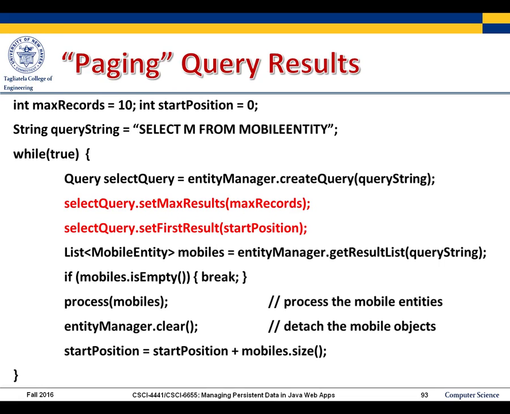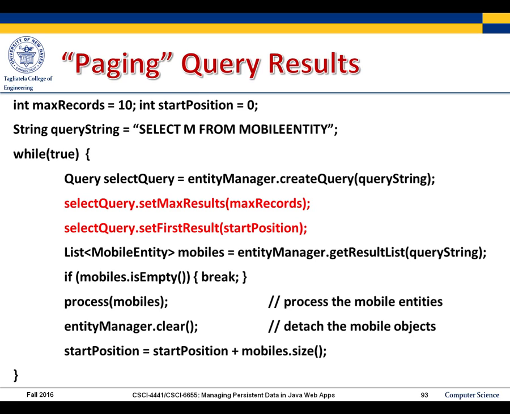Here's another useful feature: the ability to do pagination of your results. This happens to be a dynamic query, but the point is that before you actually execute the query, you're just creating it up here. Before you execute it, you say, give me max records back, which in this case happens to be 10.